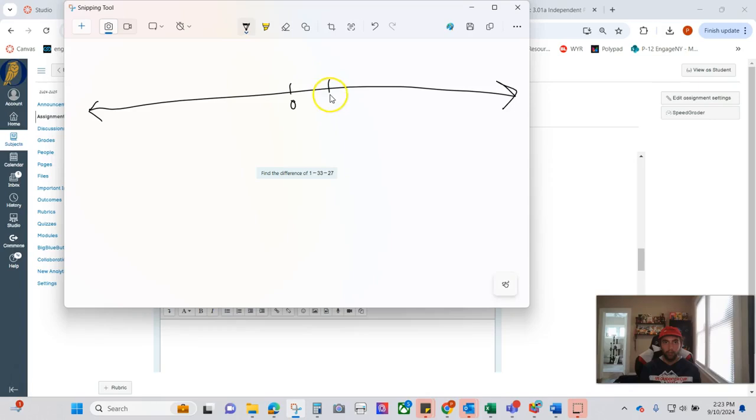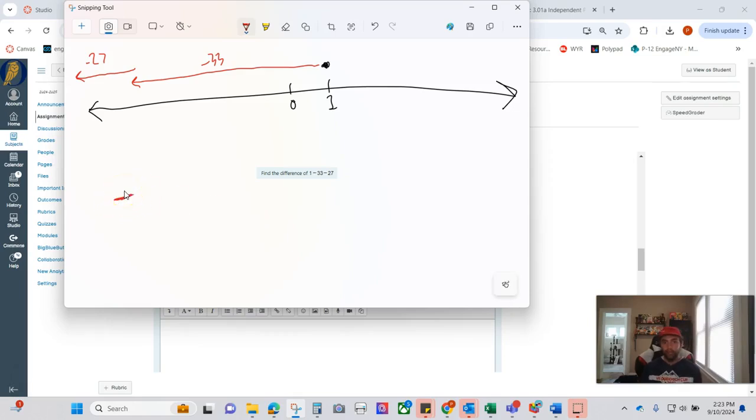Here's 0, here's 1. So we start here, and then we lose 33. We go this way, 33. Lose 33. Oh, and then we lose another 27. Whoa. So I think our answer is going to be negative.